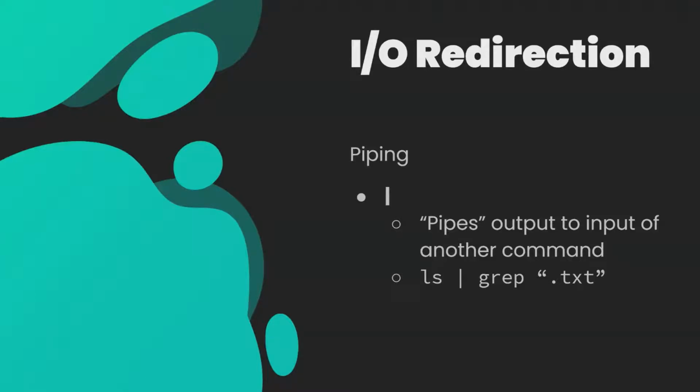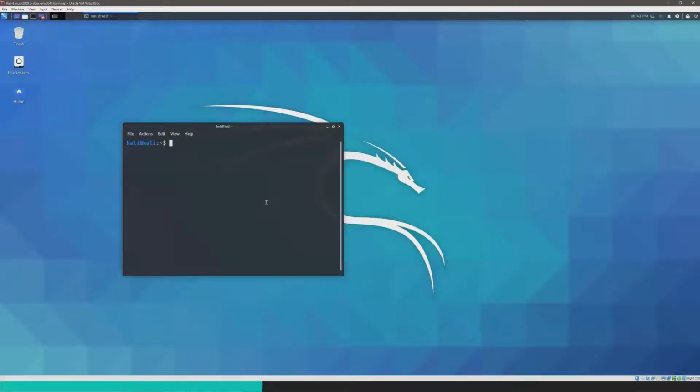So let's say, for example, I ran ls and I wanted to pipe that output to a tool called grep. Grep lets you search text and files by line. And I wanted to only output files that contain .txt in them. I'll show you more about grep later on.